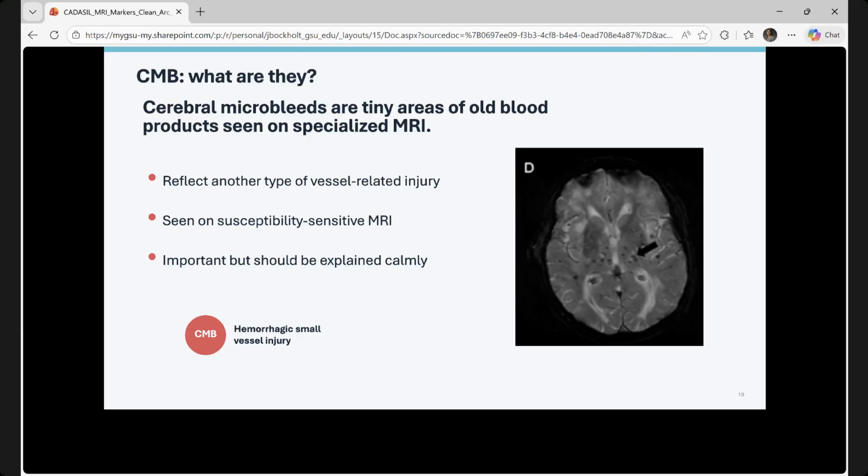So each of those is a microbleed. In this case, the microbleed's size is not as important as just the sheer number and also the location, but the number of them is probably the most important.